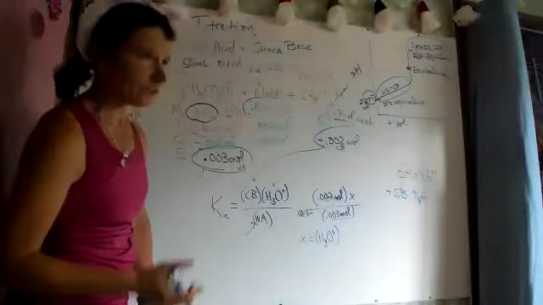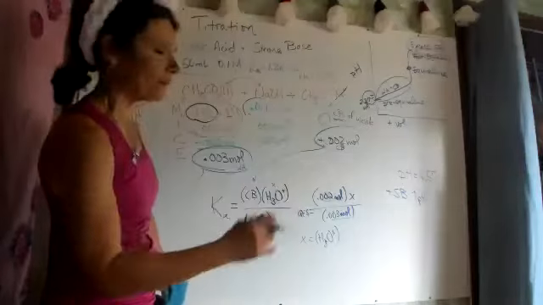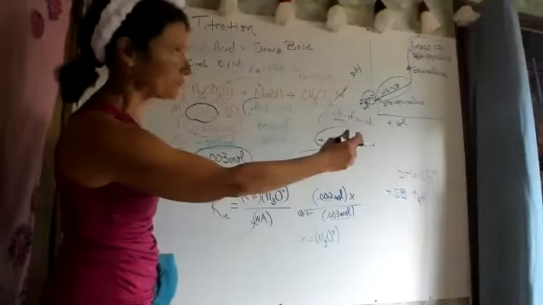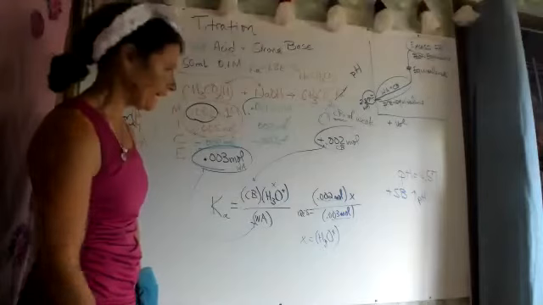Those are really the two answers. You're after the equivalence point, which means you have excess of the strong, and we'll do the calculations in a moment.